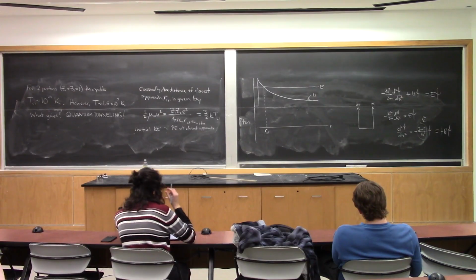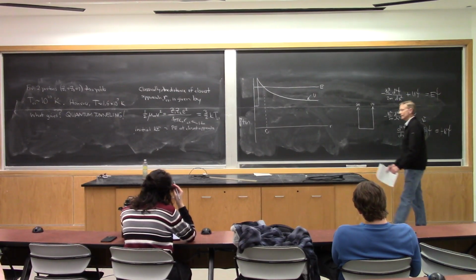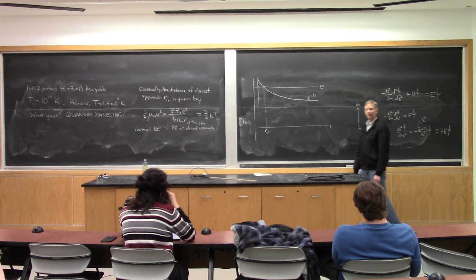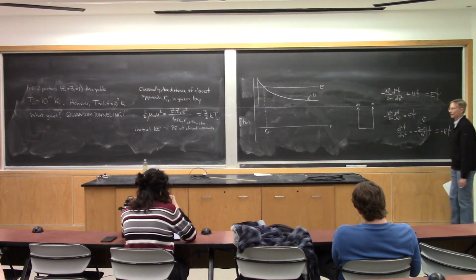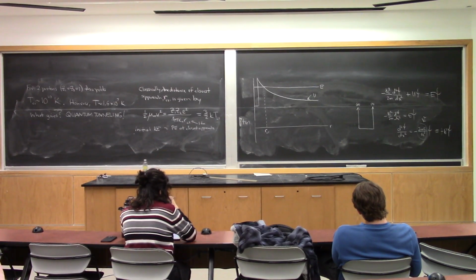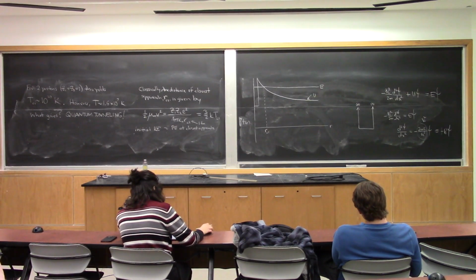If I look for real solutions of that, what are the solutions? This should be knee-jerk. You should know this. Tell me a function whose second derivative is minus k squared times the function itself.